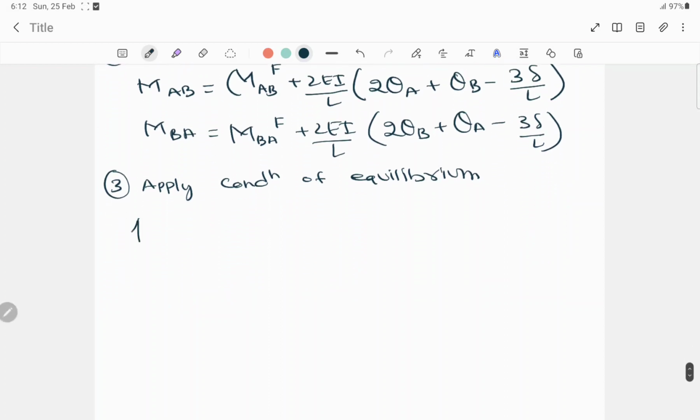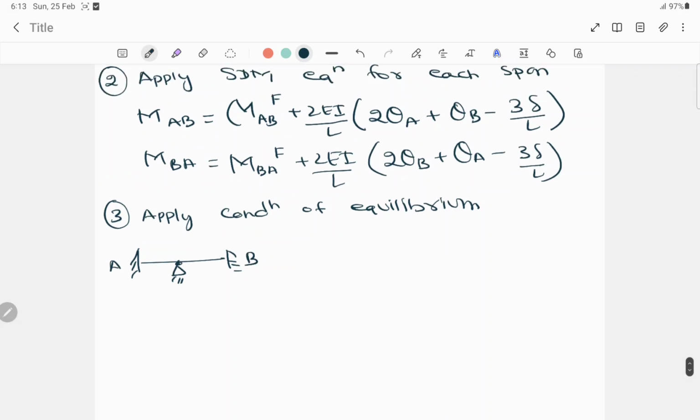Suppose for a fixed beam with an internal hinge, take A, B and C. If we take the moment about B to A plus the moment about B to C, we will always get 0, and this is our first condition.